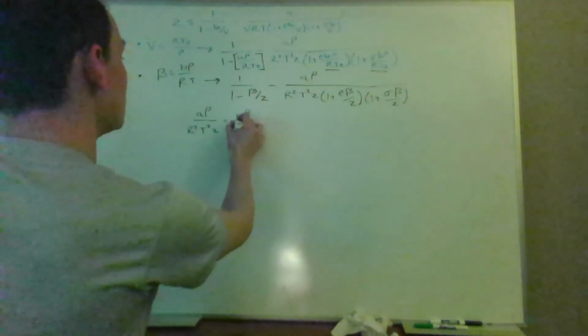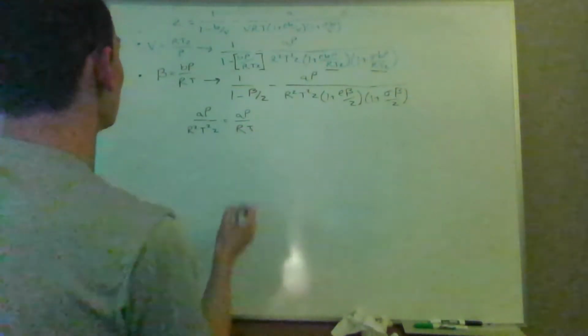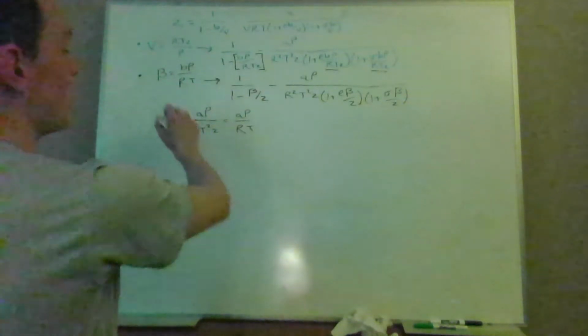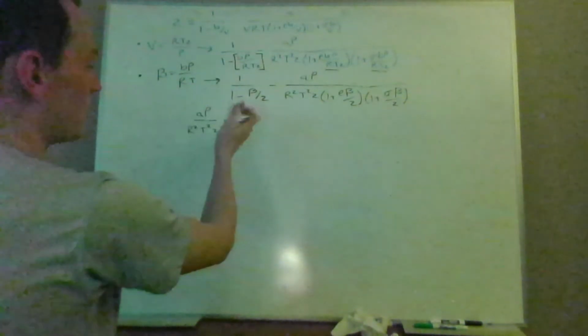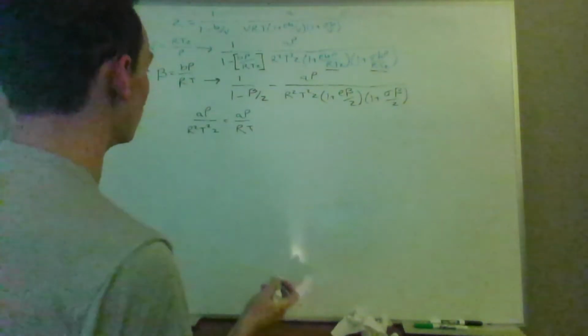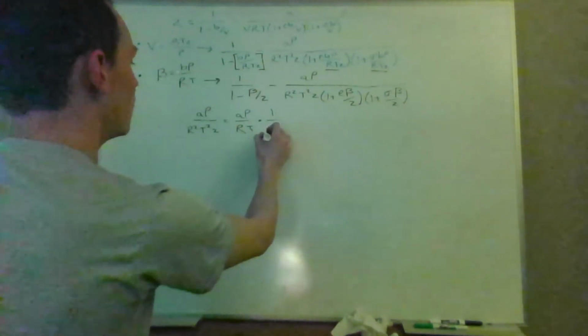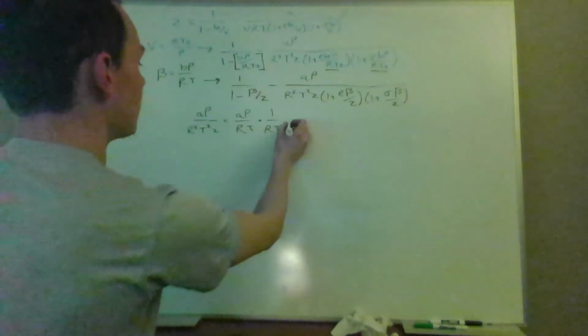So we have AP over RT, that's pretty simple. Notice that this looks somewhat similar to beta, except we have A instead of B. So that's obviously a good sign. What are we missing here? We still have a 1 over RTZ that would have to be included.